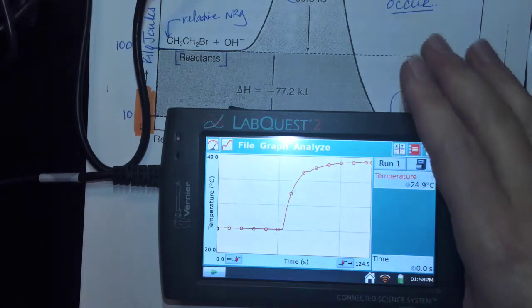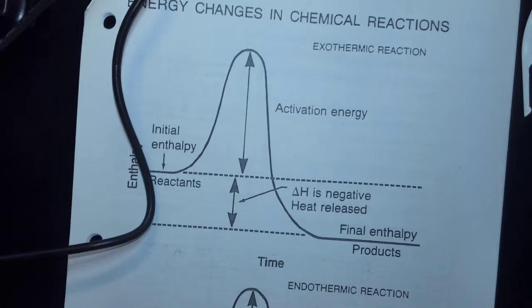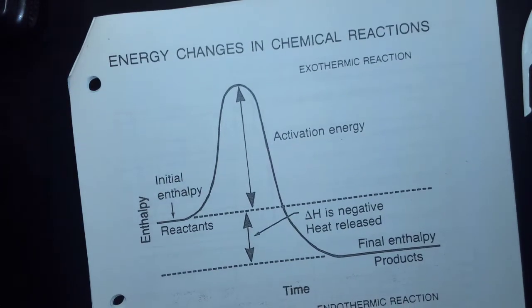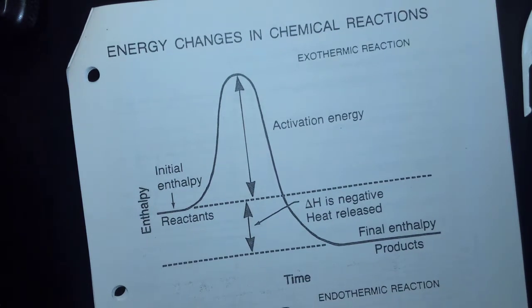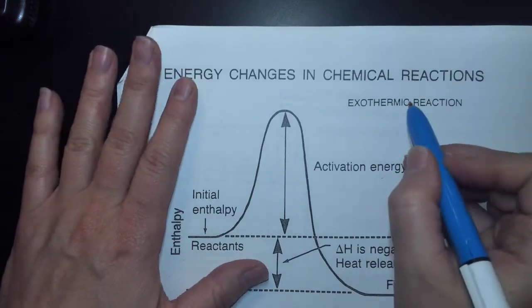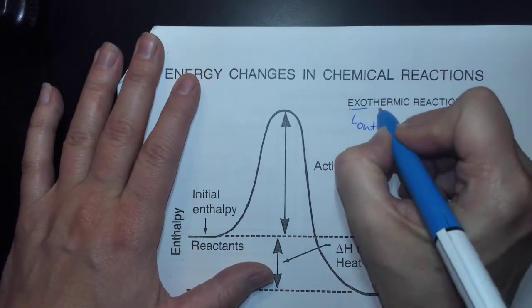Let's flip your paper to the next page. All right. In an exothermic reaction, exo means out, therm means heat.